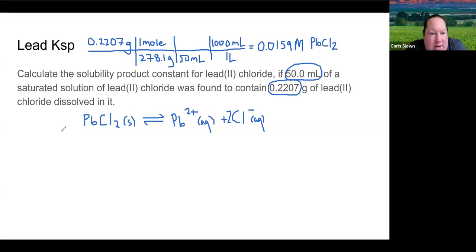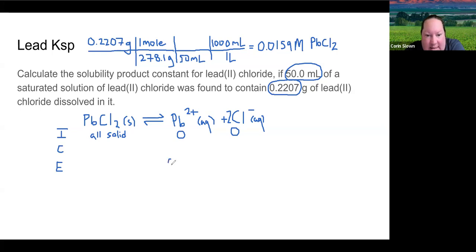So I'm gonna do an ice table again. This is how I'm making sense of my initial concentration, the change of concentration, and then what I have at equilibrium. So in this case, I have all solid. I don't know what this number is, but I can assume that at the beginning, all of it is PbCl2 as a solid, none of it is Pb2+, and none of it is 2Cl-. I just calculated, right, what the amount is at equilibrium, right?